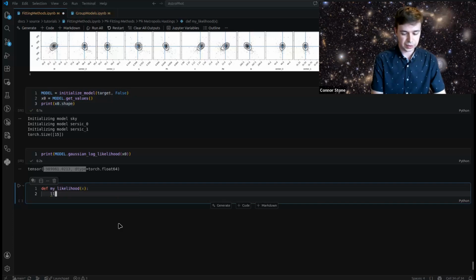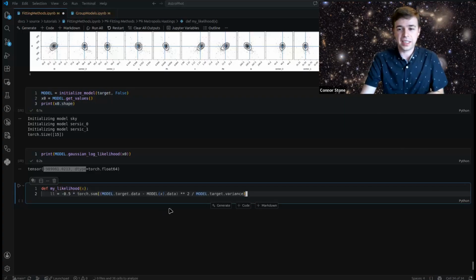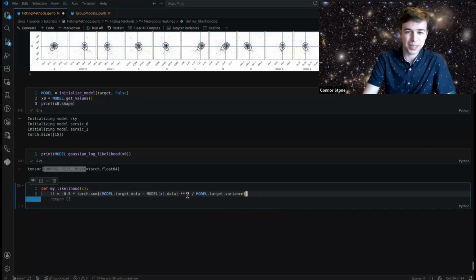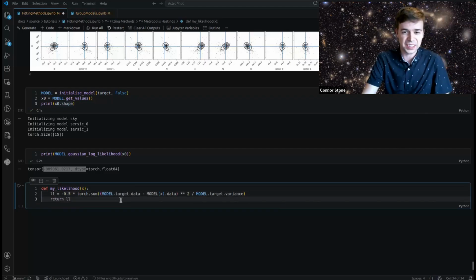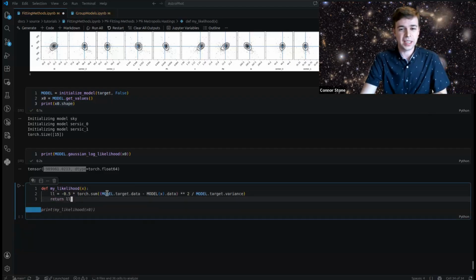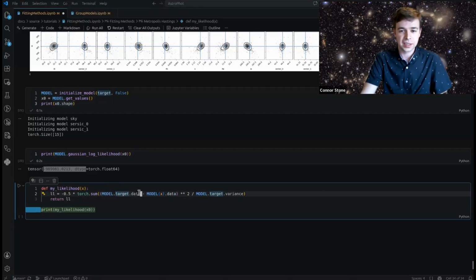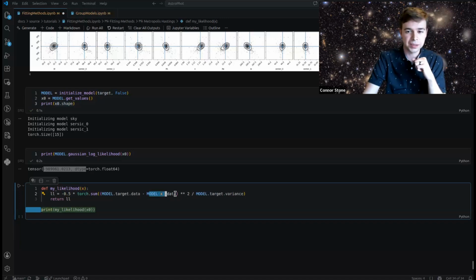So log likelihood negative 0.5 times... now look at that, it seems that my code already knows what to do here because it's seen it a few times, but this is pretty much it. So model target data minus model, given that x parameters that we've just passed it, it's going to create a model image based off of those parameters for the model.